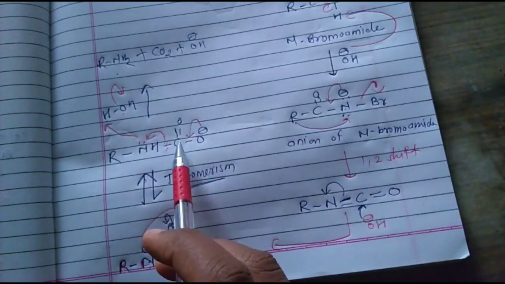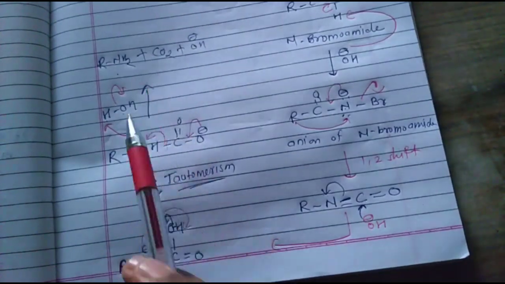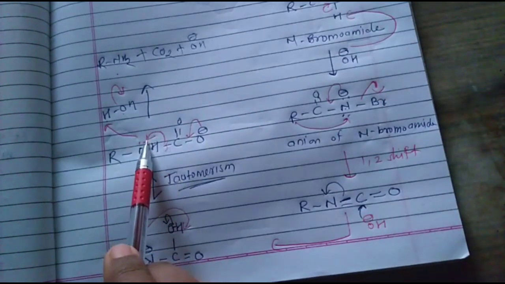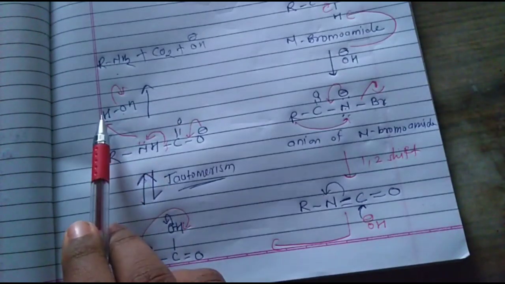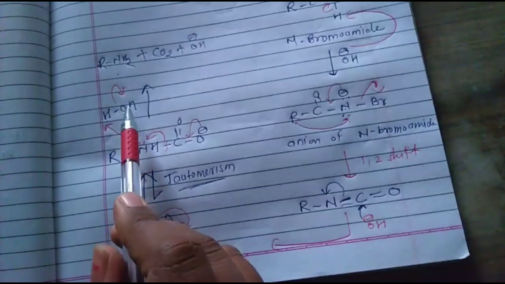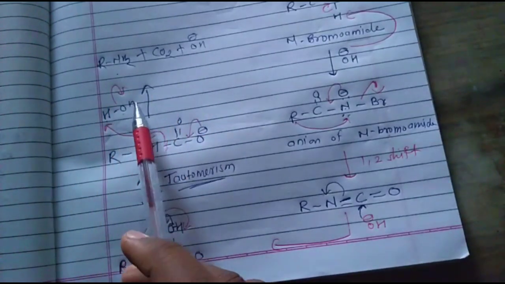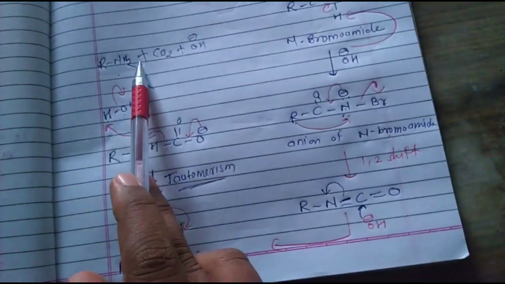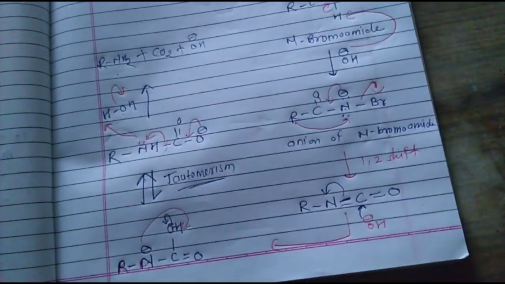Here there is an increasing valency of this carbon, that's why there is a breaking of the N-H bond and a formation of CO2, and the electron from this carbon goes to the nitrogen, nitrogen becomes negatively charged, and then it attacks this hydrogen by breaking of this OH bond. Then there is a formation of NH2, and the remaining OH minus we can write as it is. This is our product, that is the conversion of amide to amine. This is the mechanism of the Hofmann rearrangement reaction.